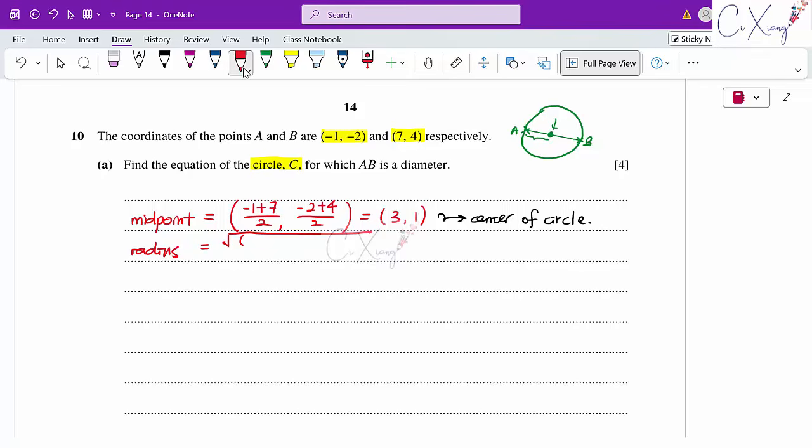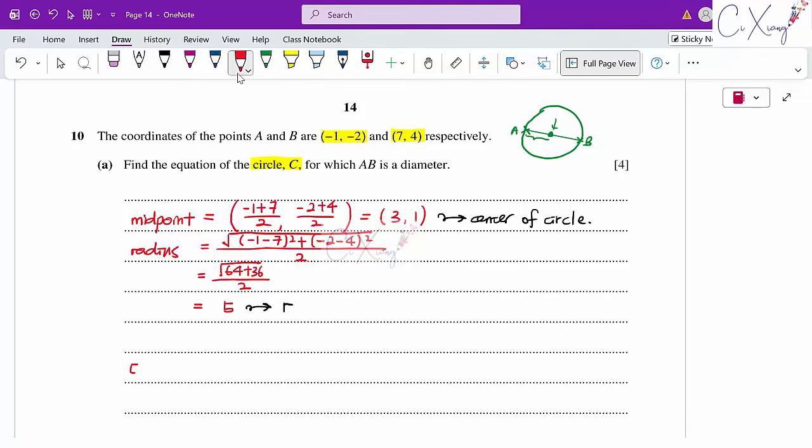To get the distance, basically it's like this: square root of x1 minus x2 squared plus y1 minus y2 squared. So this is the length of the diameter and I need to divide it by 2 to get the radius. Then if you didn't make any careless mistake, you should be getting square root 36 plus square root 64, then you get a 5. Okay, and now this is your radius.